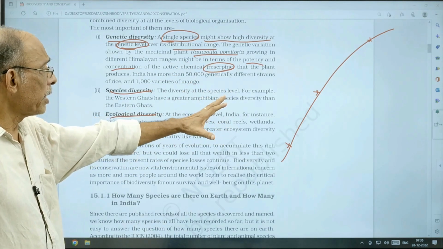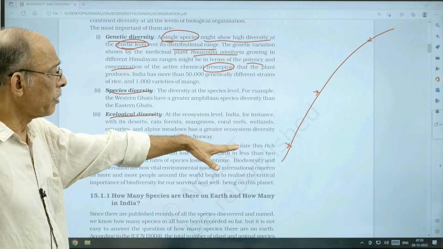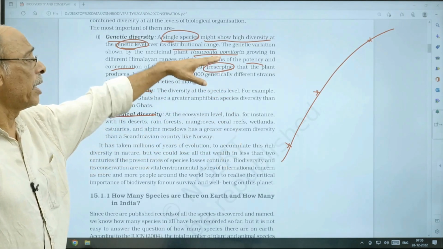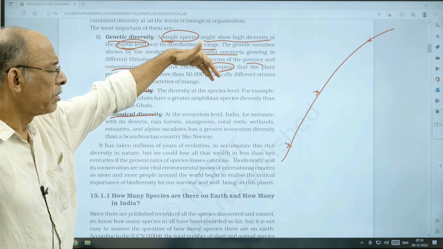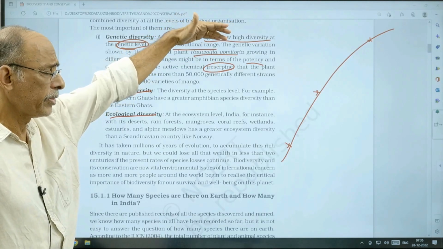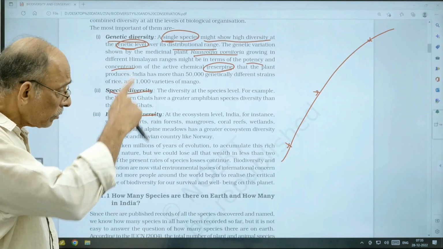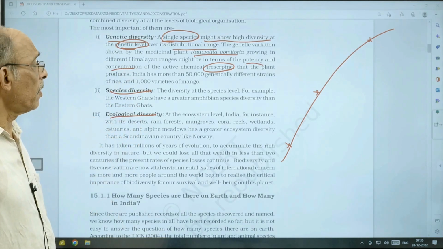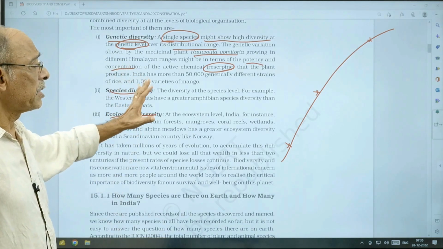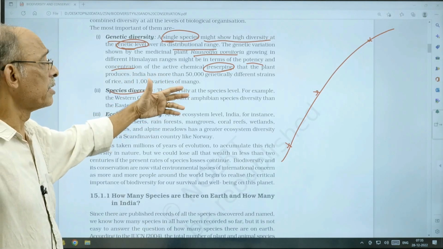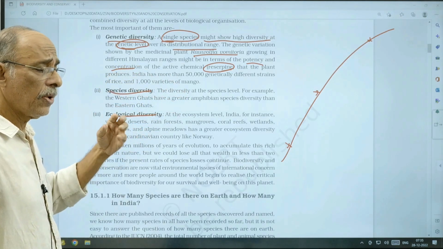The reserpine obtained from plants growing at the foothills of the Himalaya, at almost 1,000 feet and 2,000 feet and different levels of the Himalaya, shows variations in potency, concentration, quality and quantity in the same species.